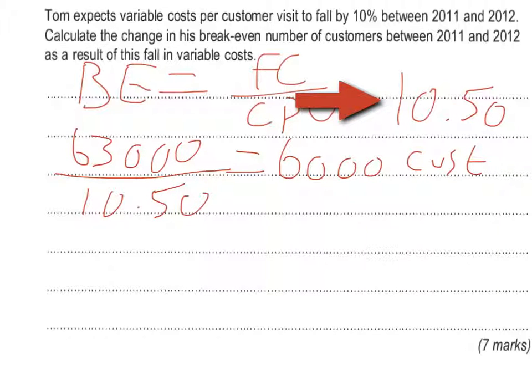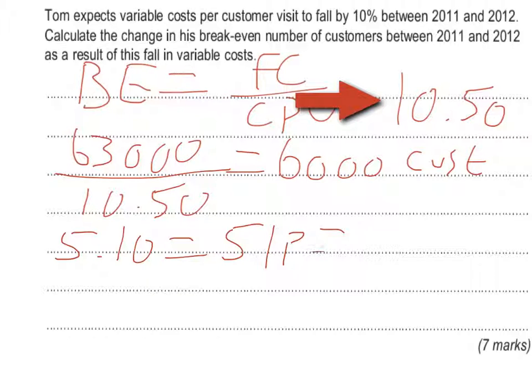However, the question is asking for the change, so we must now work out the break-even quantity for 2012. As stated in the question and the case study, variable costs are predicted to fall by 10%. 10% of the original variable cost of £5.10 is 51 pence.